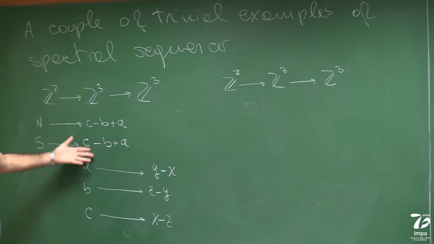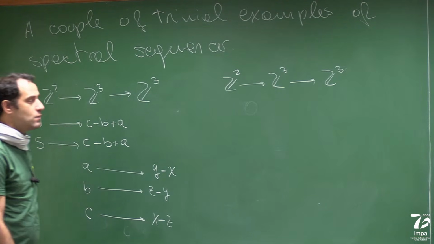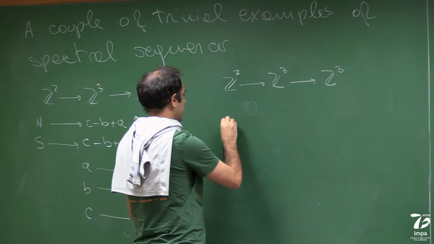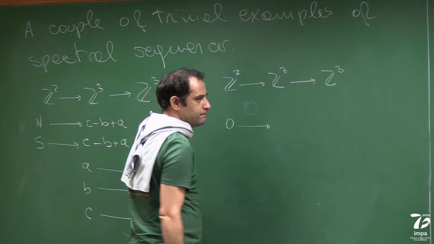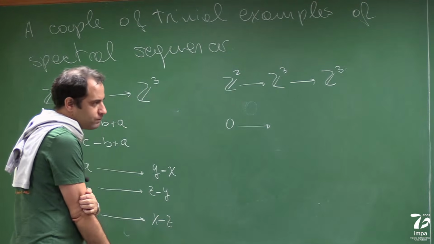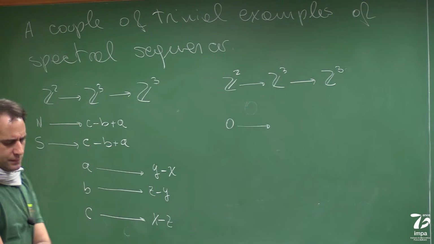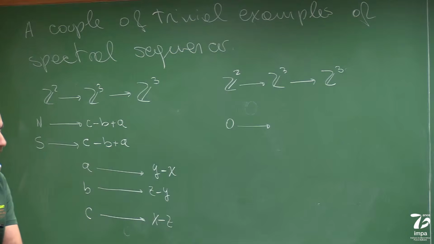I could just take everything, every one chain, but not take anything here. Let's see if this is too silly. Perhaps this filtration is too silly.